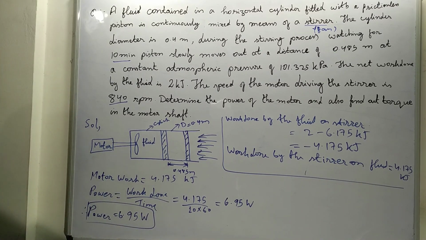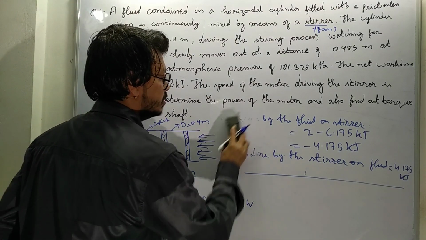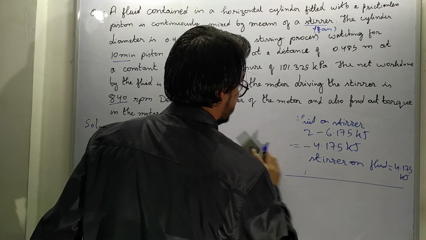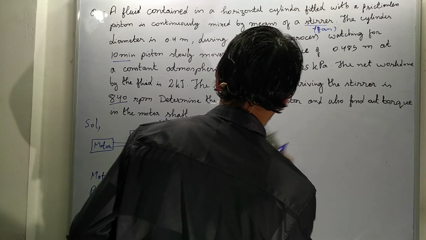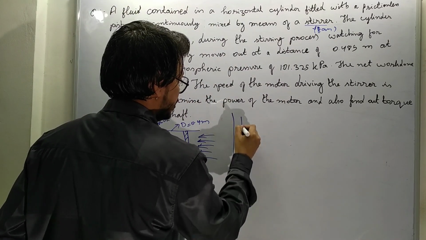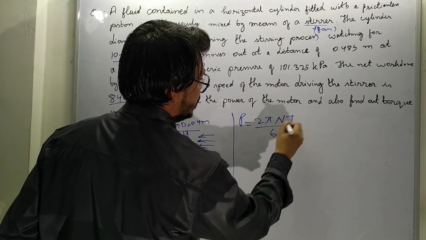Now we have to find the torque. So we know P is equal to 2 pi NT by 60, where T is the torque.